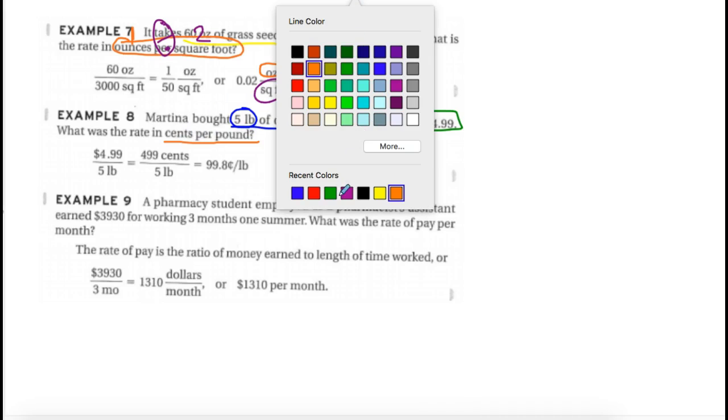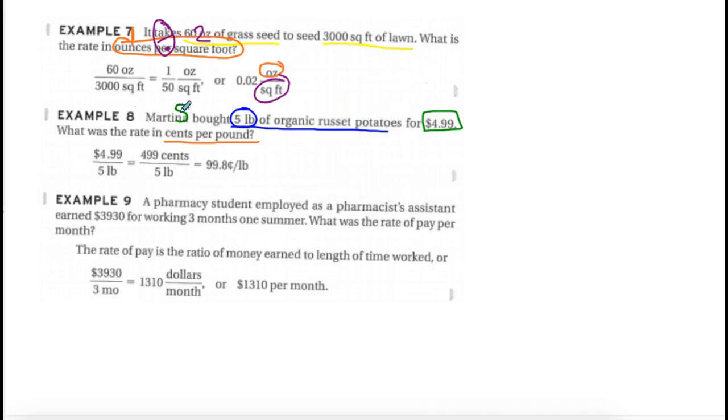Cents is money, centavos, cents, and that was our first quantity. Then it says pounds. Pounds is our second quantity. Pounds is abbreviated LB. Money over pounds.